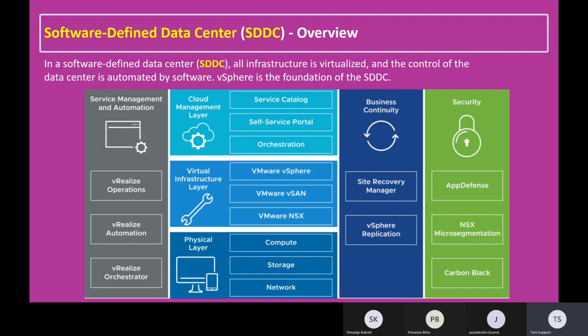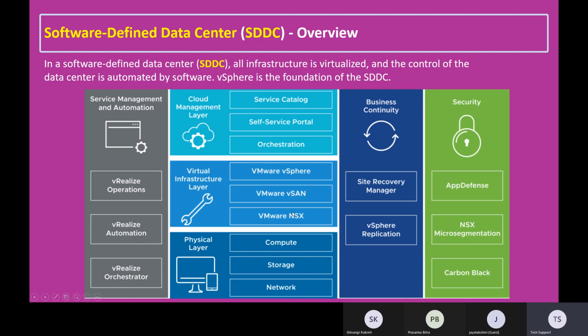Nutanix is the company name, AOS is the product name. Nutanix AOS has similar features to VMware vSAN. These two products are always in competition. Sometimes VMware vSAN is leading, sometimes Nutanix is leading. But concept wise, both refer to the storage virtualization concept.